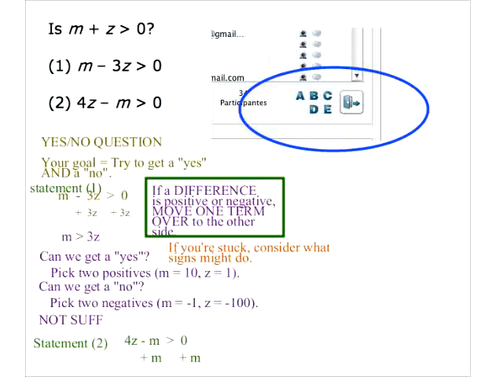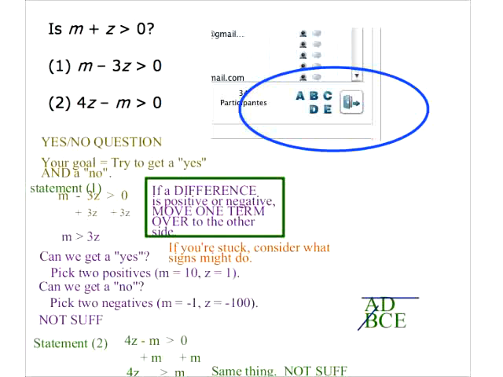So 4z is greater than m. Same thing, because if you've got 4z greater than m, that still leaves open the possibility that those things could be positive or could be negative. So as far as gridding goes, again, we've got A, D, B, C, E, but we've killed everything except C and E.